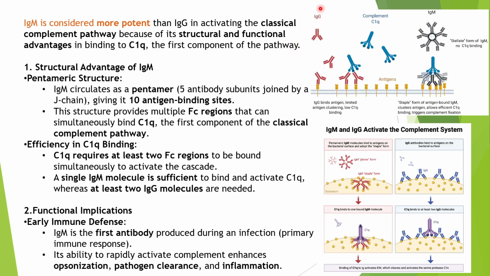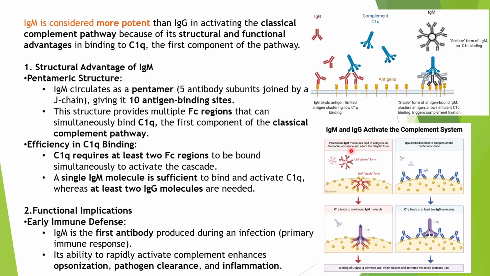So we can see here again IgG goes and binds, and after binding it requires a minimum of two to activate the C1q of the complement. But since IgM is already in a pentameric form, a single IgM molecule is sufficient for the C1q component to come and bind to it. So IgM and IgG both activate.